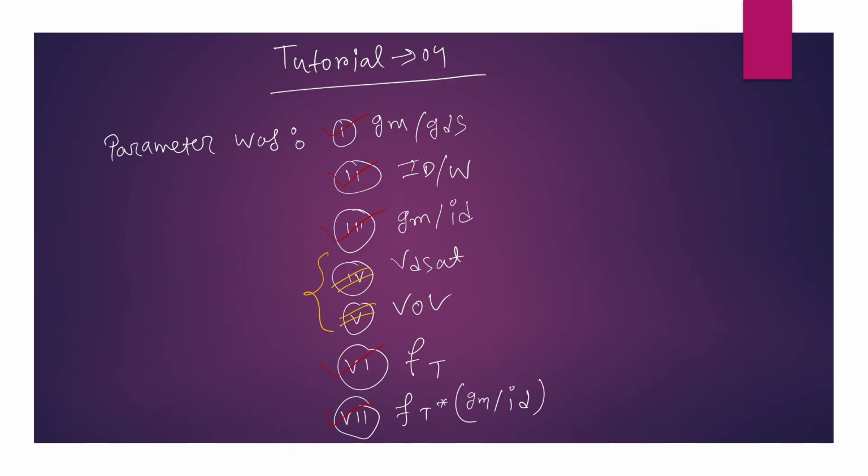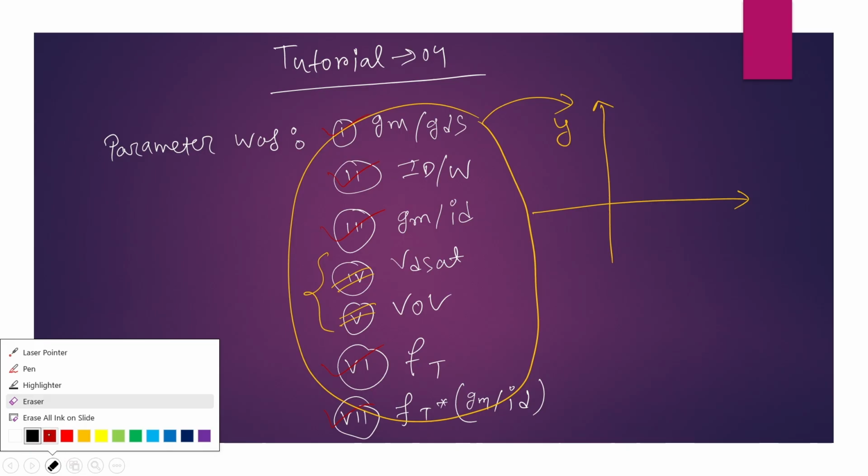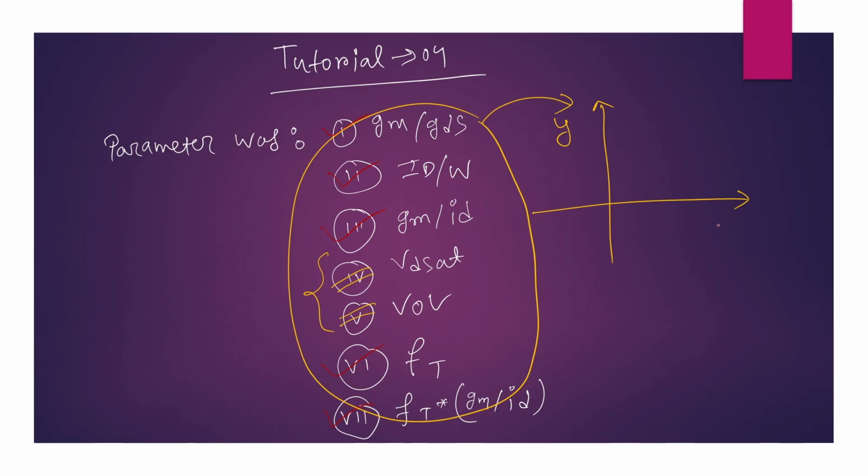We saw how to extract the required parameters from Cadence. However, the parameters were plotted with respect to VGS. If you recall, all the parameters are on the y-axis, and the x-axis is actually, sorry, not GM over ID, it is actually your MOSFET's gate voltage, that is VGS.